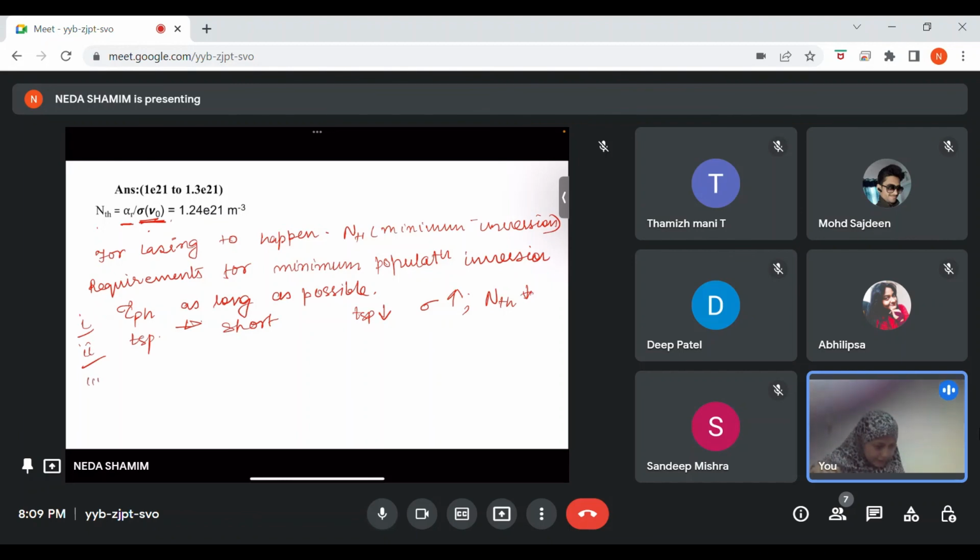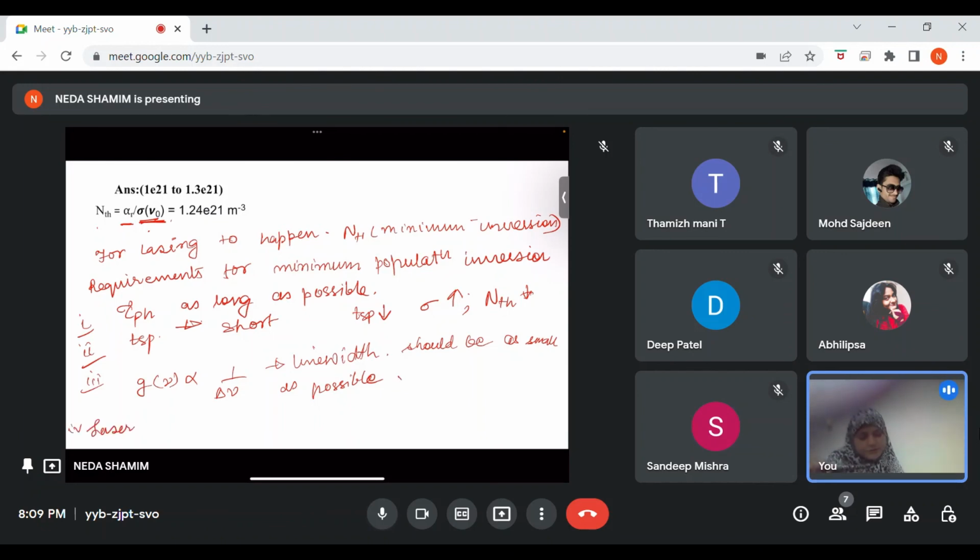And then the third thing is this G of nu, which is inversely proportional to delta nu. This line width, should it be small or long? Should be as small as possible. And also it depends on the laser material.